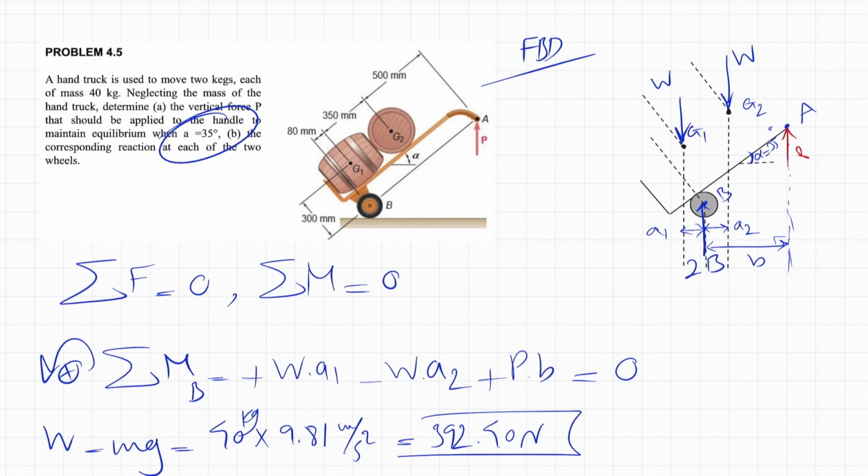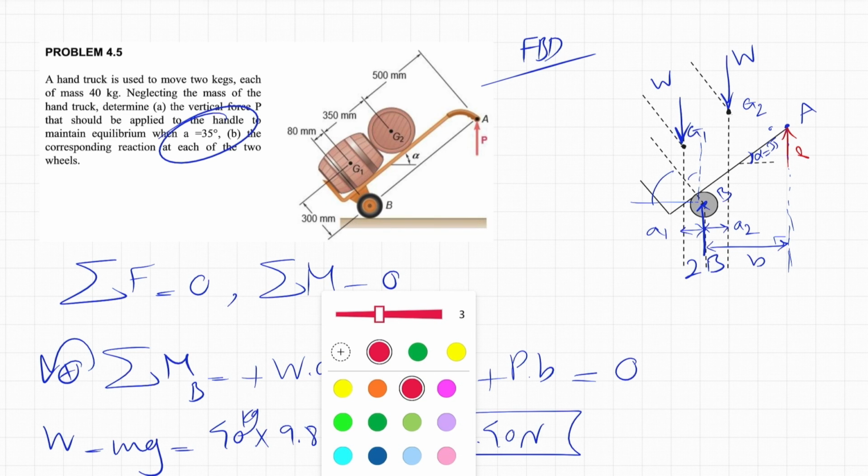So for A1, here's the distance that we have, and we know what this angle is, or we can figure out this angle based on the information that we have for alpha.